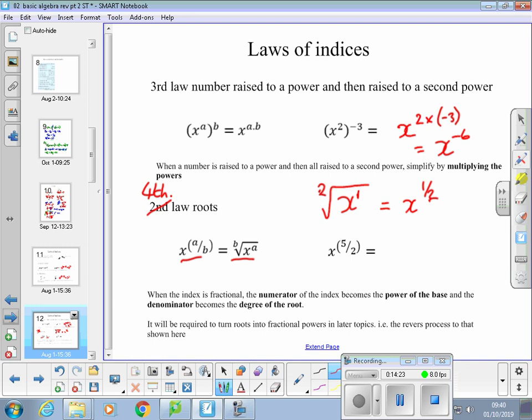So it helps you with ones like this to say this is going to be the square root of x to the 5. The numerator goes there, the denominator goes there. And you actually wouldn't write that like that, you just say that's the square root of x to the 5. We don't bother by convention writing that too.